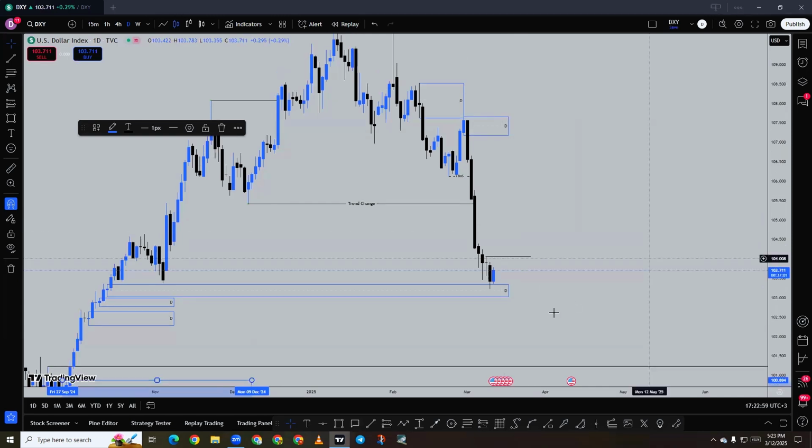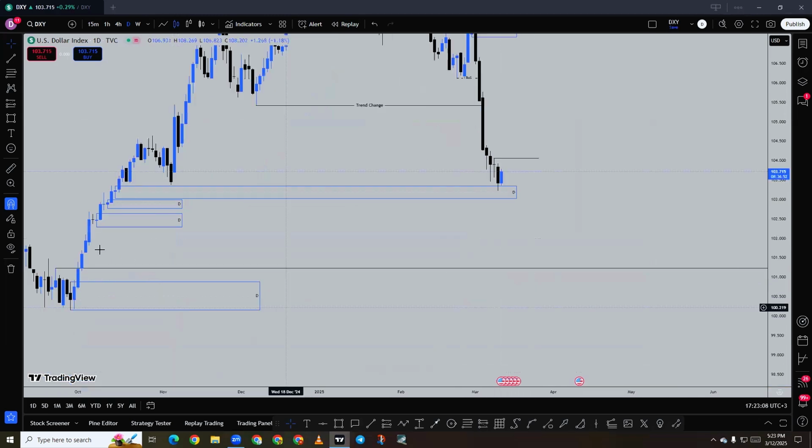But for now, I'm just looking at a situation where we may or may not see a meltdown to the downside to mitigate some of these fair value gaps. This weekly fair value gap that we have right around this region, or even these demand order blocks. So that is the DXY on the daily time frame.